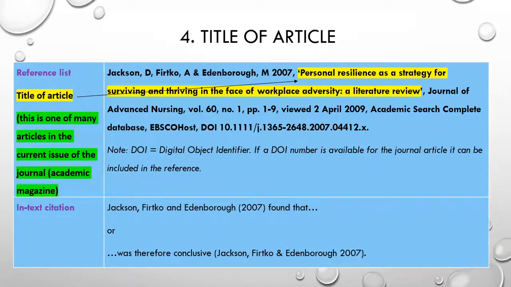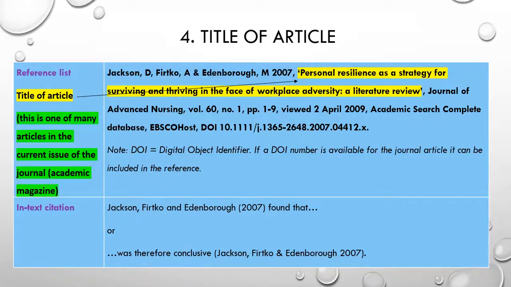Next is the title of the article. Remember we said a journal is like an academic magazine. It comes out maybe once or twice, maybe 3 or 4 times a year. In each journal that is issued, there are many articles written by a whole range of different people.